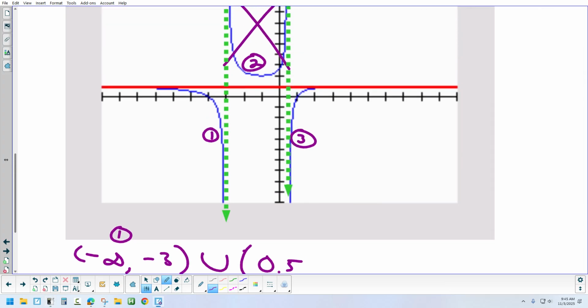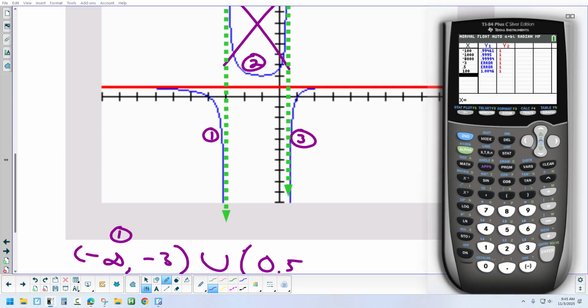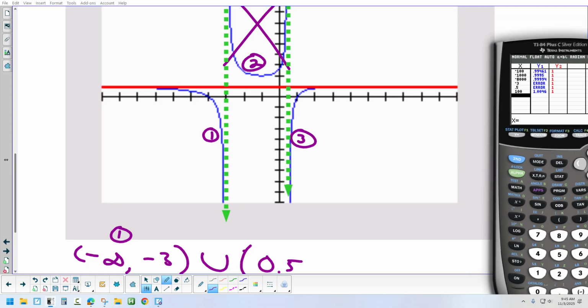Now, let's start going to the right and see if the blue line goes above the red line. We don't want it to. What would be a number I could check that goes to the right? 100? Are we under the red line? No. So we went above the red line somewhere. So what we want to do now is see where.